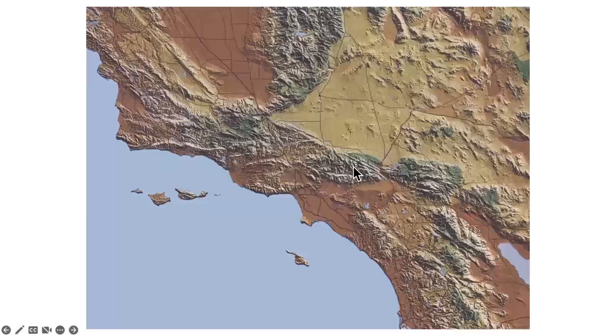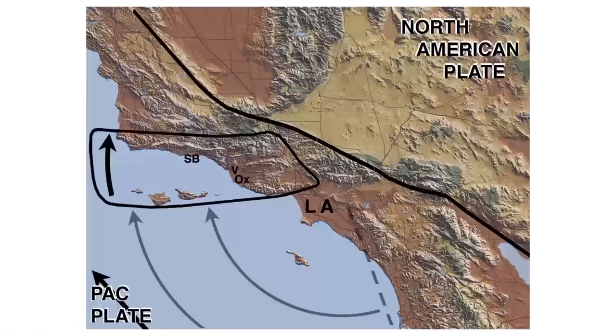You can also see up here, there are a bunch of east-west faults and east-west mountain ranges. That's really crazy. Almost all the faults along the edge of the continent are approximately parallel to the edge, except right in here, east-west. And the islands are all lined up east-west with the Santa Monica Mountains. So that's a thing we're trying to explain.